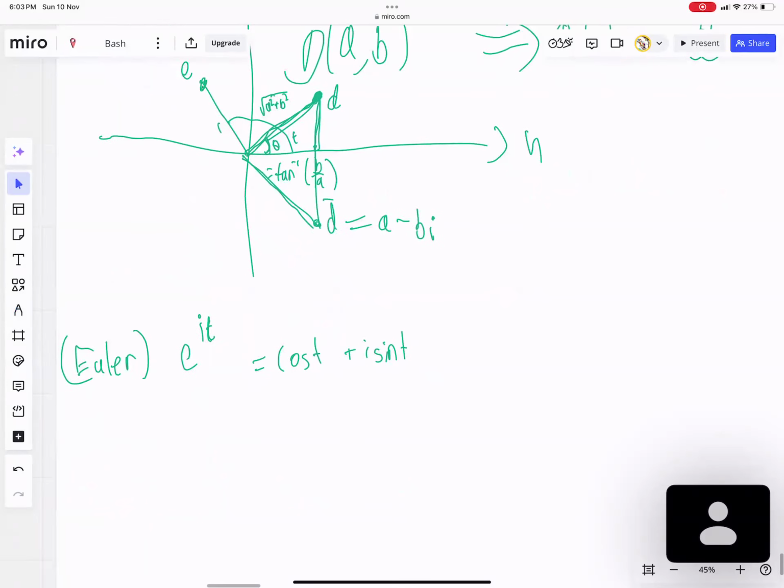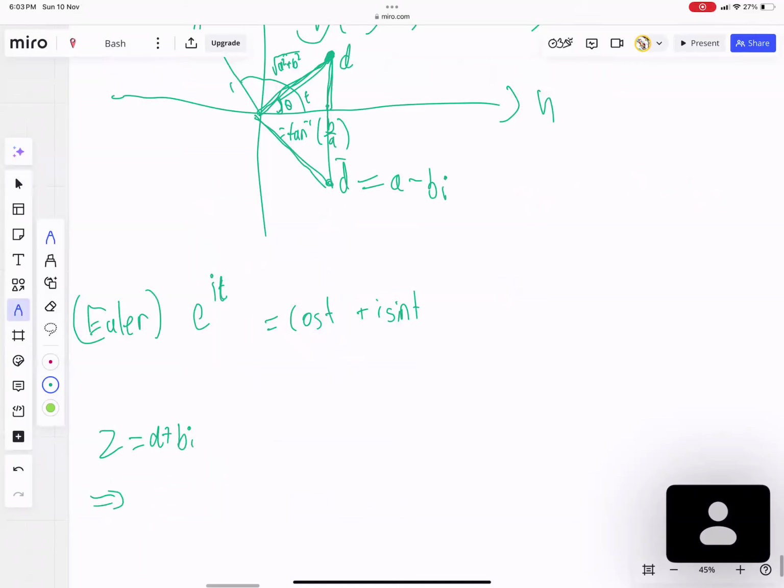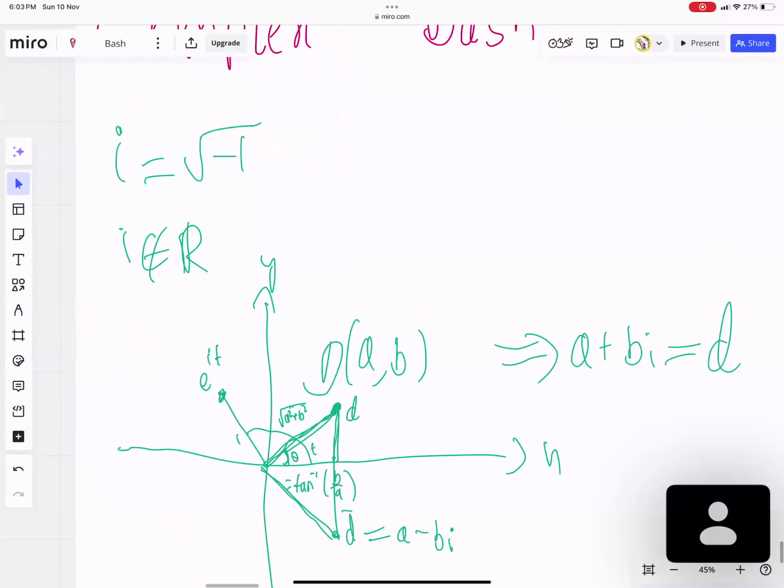So for any complex number z equals a plus bi, we have that z times z conjugate is equal to a squared plus b squared. This is because z conjugate is a minus bi, and then z times z conjugate becomes a squared minus bi whole squared, and i squared is -1.